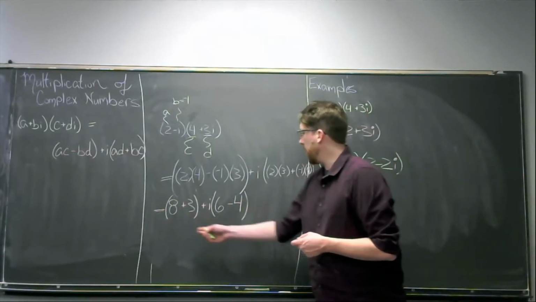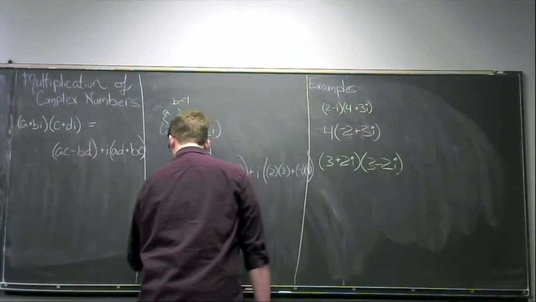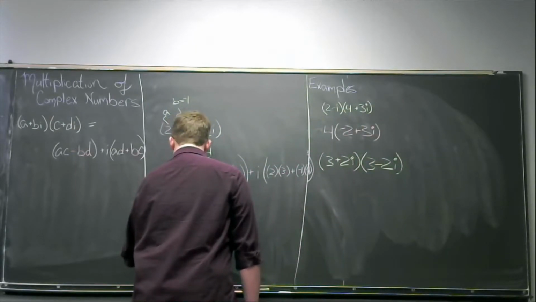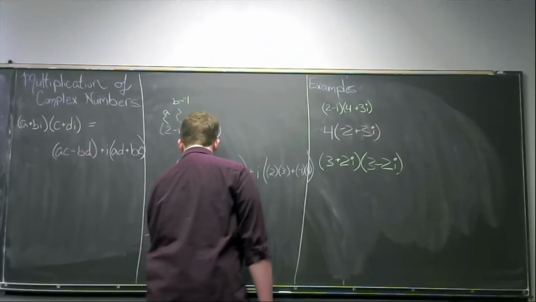This is going to be 11. This is going to be 2. So we have 11 plus i times 2.